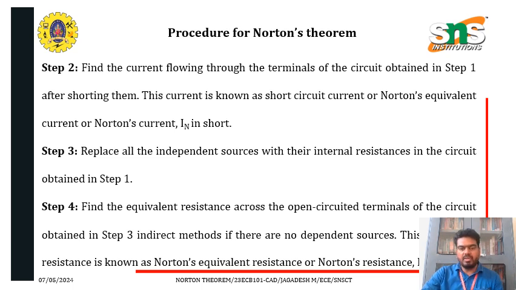Step 3, replace all the independent sources with their internal resistance in the circuit obtained in step 1. Next, step 4, find the equivalent resistance across the open circuit terminal of the circuit obtained in step 3 by the direct method if there are no dependent sources. This will be called the Norton equivalent resistance or Norton resistance, that is RN.